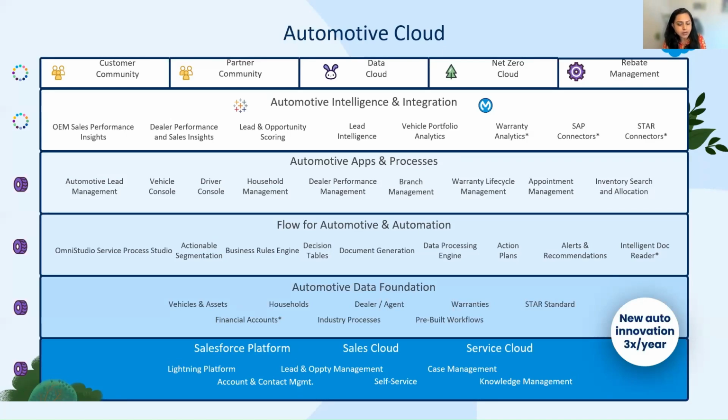Vehicle console and driver console. So having every piece of information about the vehicle, and when we say driver console, it's the service console regarding what the odometer reading is, what the warranty is, who the drivers are, who the dealers servicing the drivers are, who the loan and/or lease agents involved here are, what the different services the car has gone through in the past were, what the fixes done were, right?